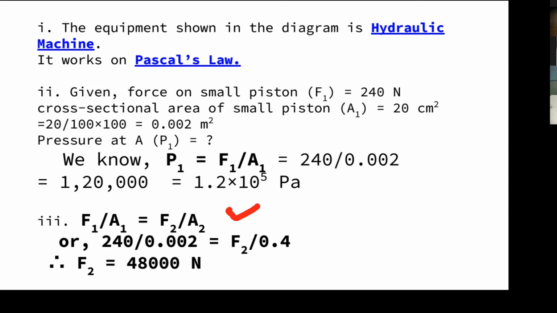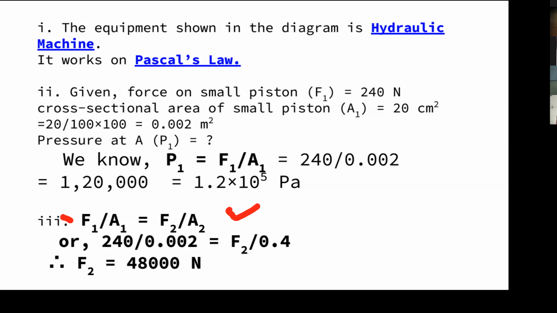According to Pascal's law, pressure at both pistons, that is A and B, is equal, meaning P1 is equal to P2. Converting that into force and area, we have the formula of Pascal's law as F1 upon A1 is equal to F2 upon A2.